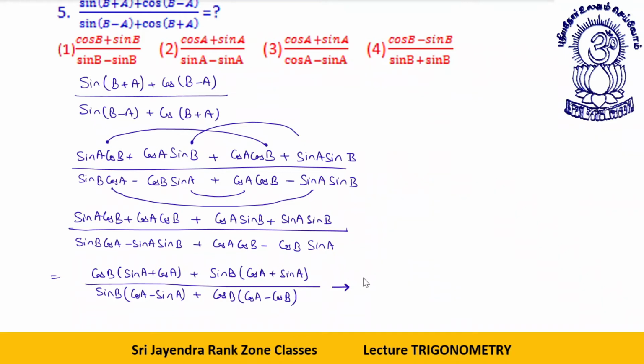So now what will happen? In the numerator, I will take sin A plus cos A as common.